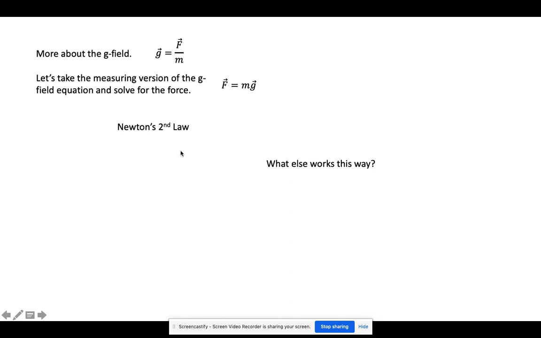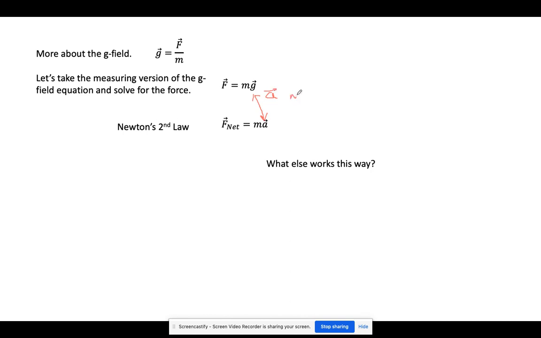Well, let's also look at Newton's second law, because these look pretty close, right? Newton's second law says that the total force, that's what net means, is equal to ma, mass times acceleration. These equations look very similar, and so we can make a conclusion here that g and a are the same if the only force is gravity.